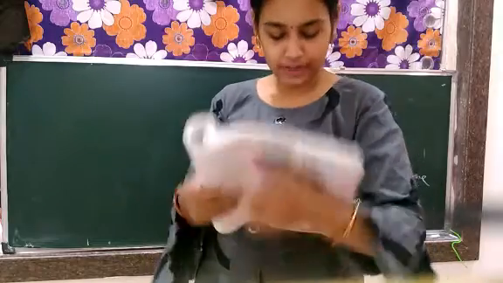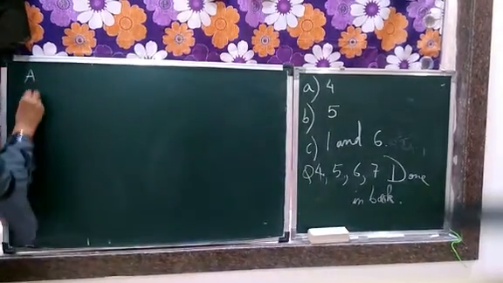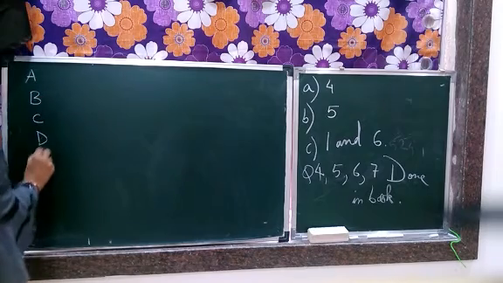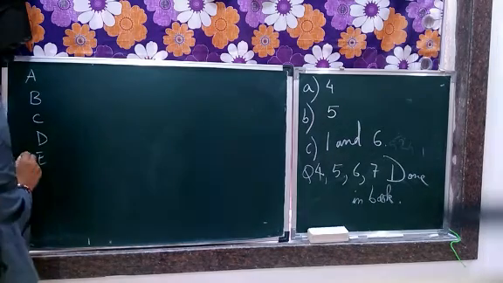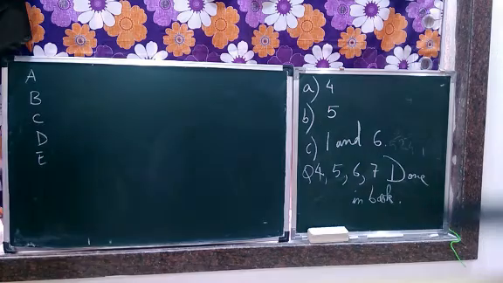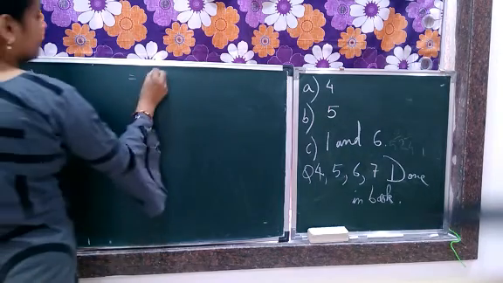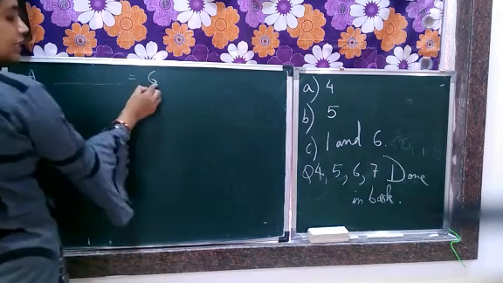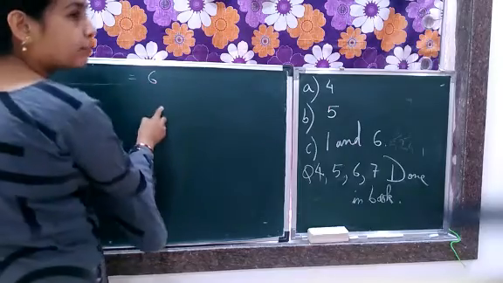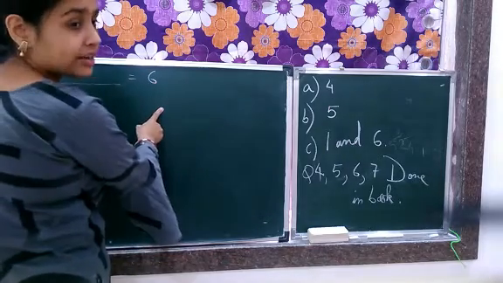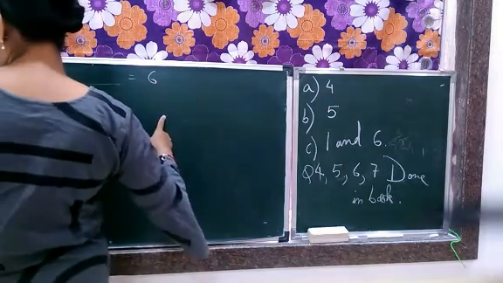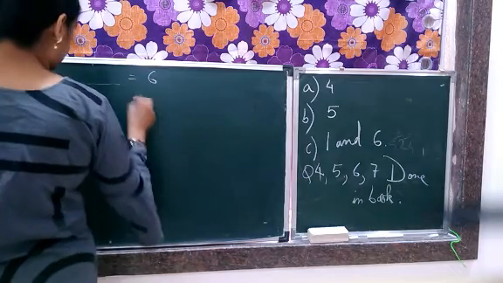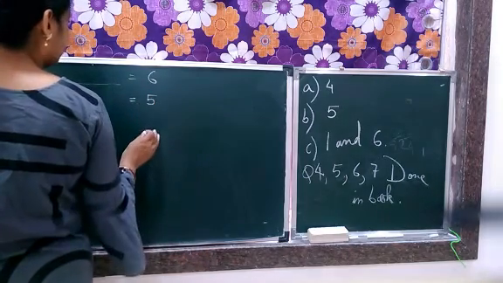So you can see for village A, how many tractors are made? For village A, 1, 2, 3, 4, 5, 6. So after the diagrams, you can write is equal to 6. This will help you answer the questions very easily. Then village B is 5.